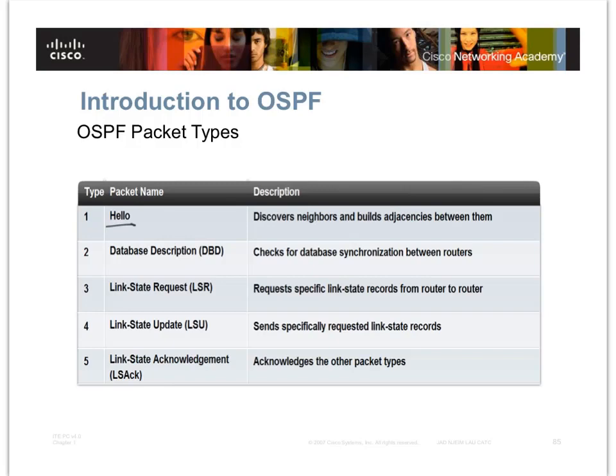Again, similar to EIGRP, we have hello messages. Hello messages, as we said before, are always broadcast and periodic. This is to discover neighbors and establish adjacencies between one node and the nodes around it.